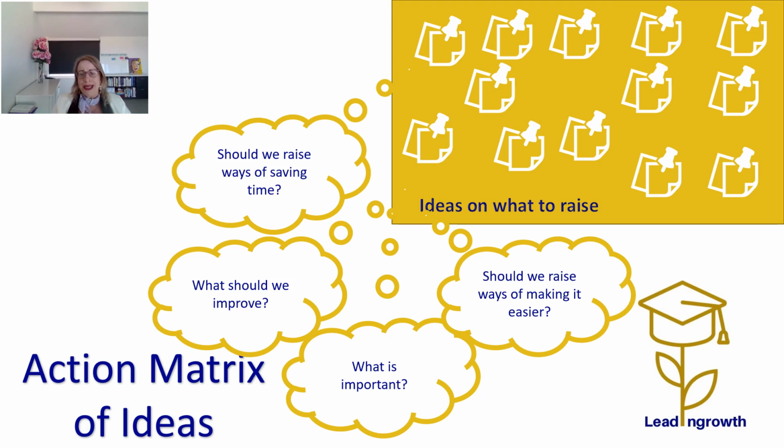So we might be looking at, are there ways that we can save time? Are there ways that we can improve the system? Are there ways that we can streamline it? Are there ways that we can make it less complex, make it simple, make it easy to use? These are often the things that we're looking to raise because people want things that are easy to do, simple to follow.